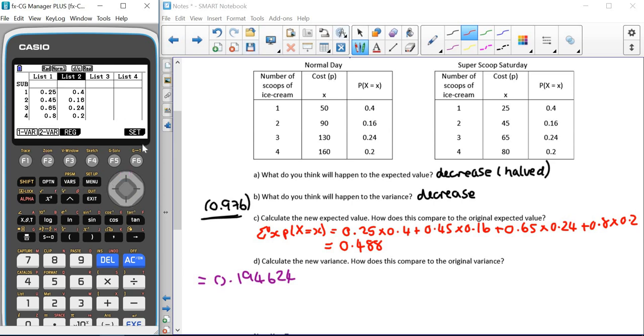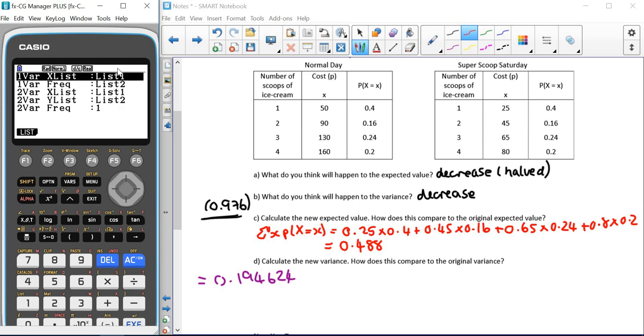Then if we go to calc, make sure our set says list 1, list 2, like we did when we had frequencies. When we click on one var, we can see that the mean comes up the same as when we use the formula. So this works if it's just a quick 1-mark question saying to find the expected value. If it's a show that question though, we need to be able to show that formula, so make sure that you do practice with it.